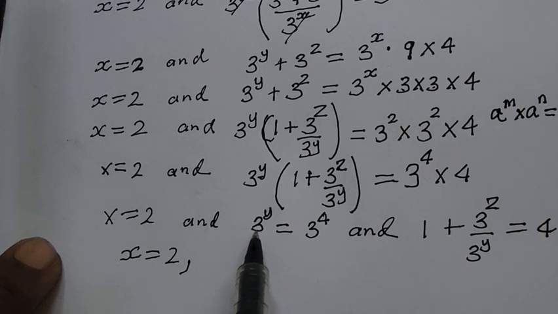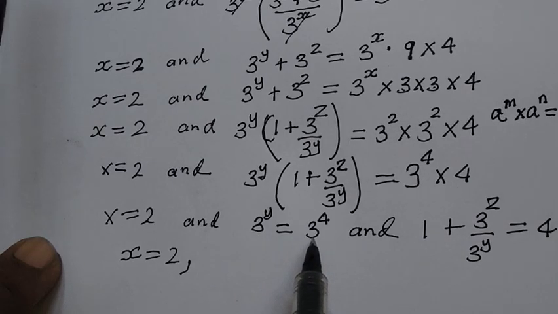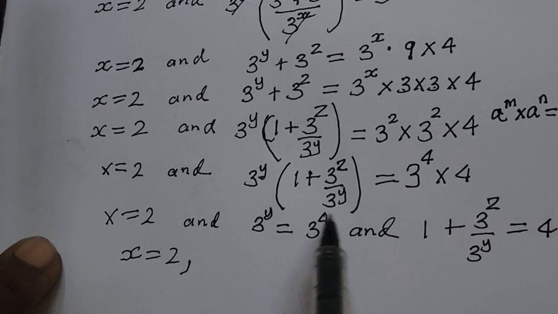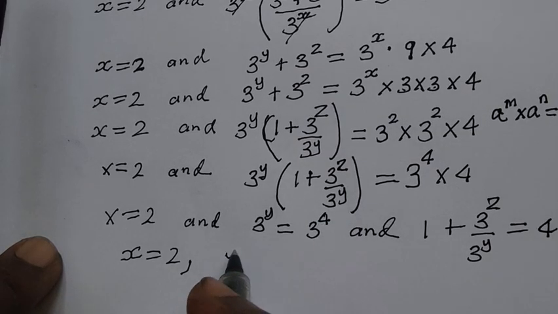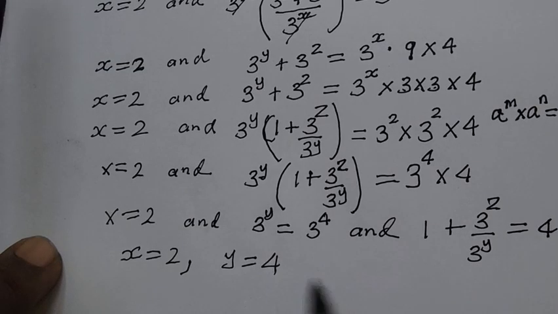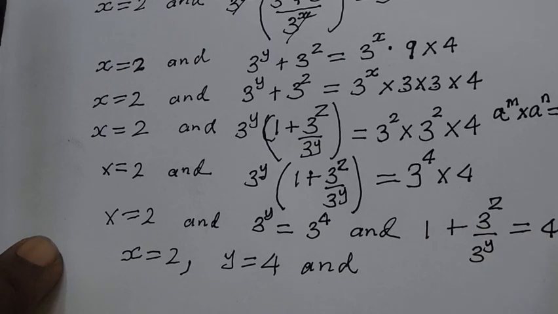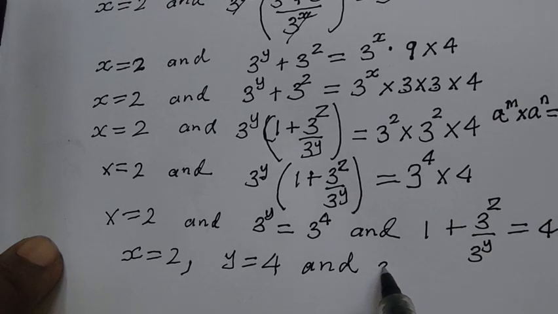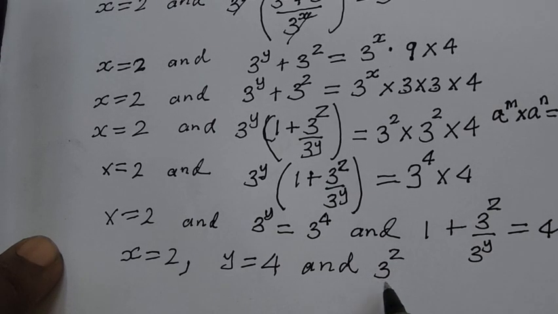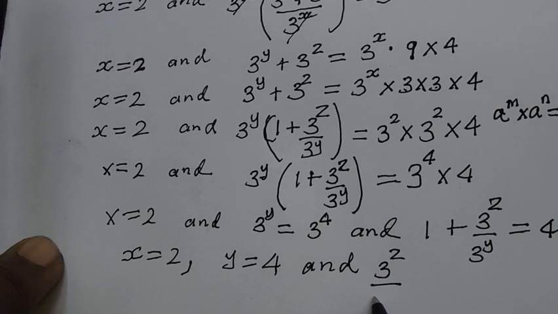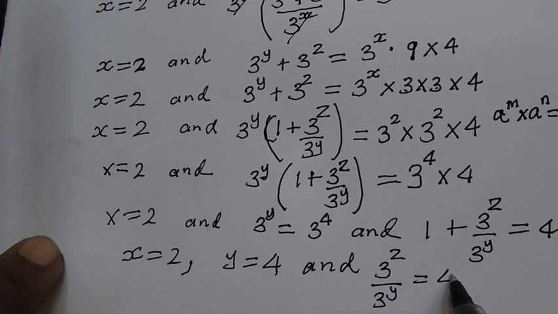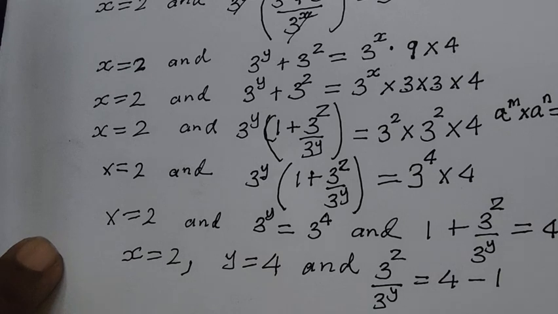Again here, the base of left hand side equals the base of right hand side. So their exponents are equal. So we have y equals 4. And shift this one to the right hand side. We remain with 3 raised to power z over 3 power y equals 4 minus 1.